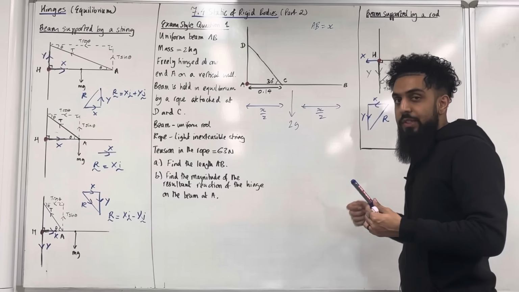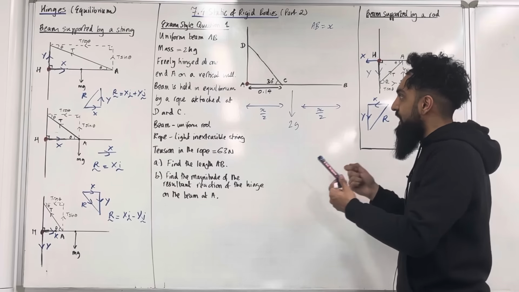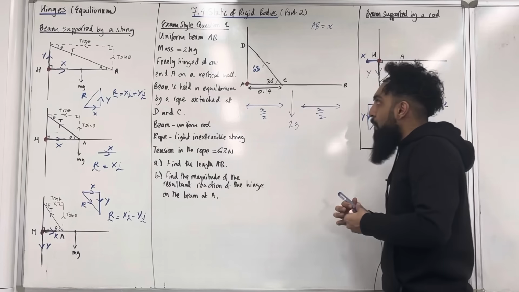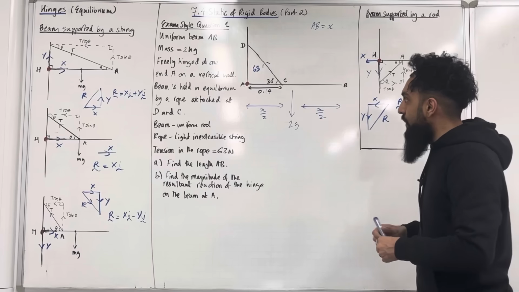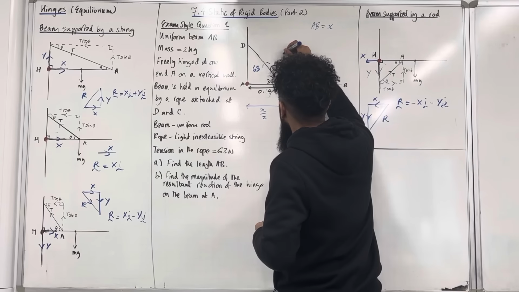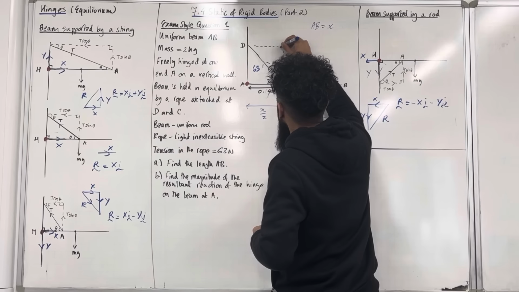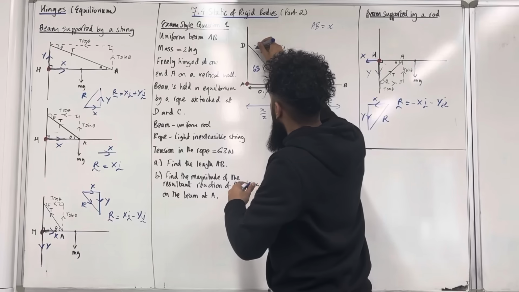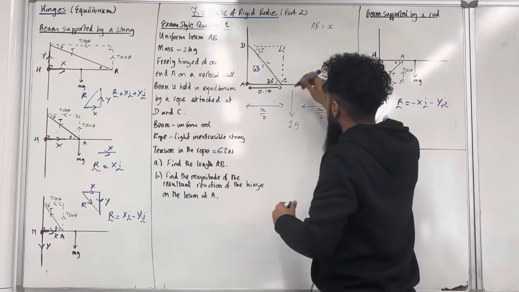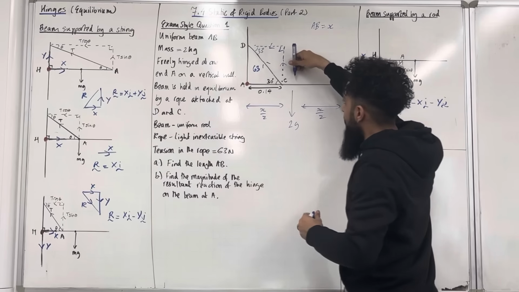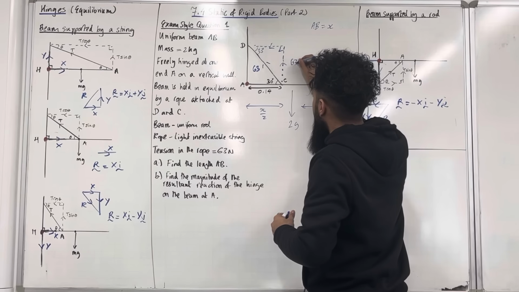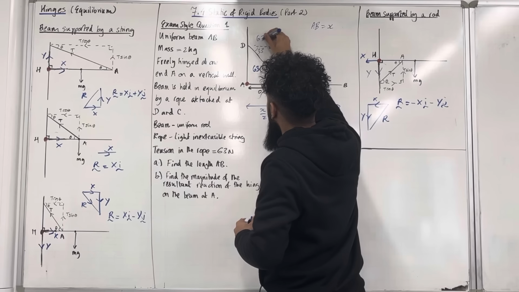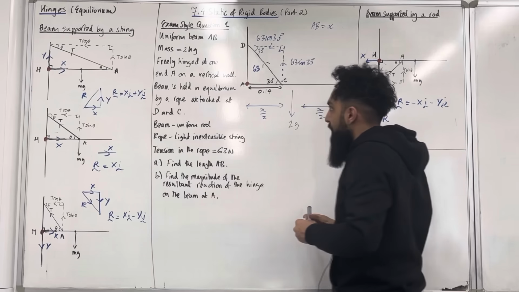There is a tension force acting in the string, and that tension force is 63 newtons in this direction. We can label the component forces for that tension force by constructing a right angle triangle. Alternate angles are equal, so if this is 30, this is also 30. We can put in the arrows. This is your opposite, so it will be 63 sine 30. This is your adjacent, 63 cos 30.